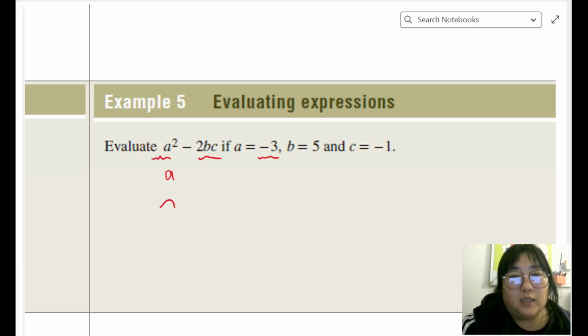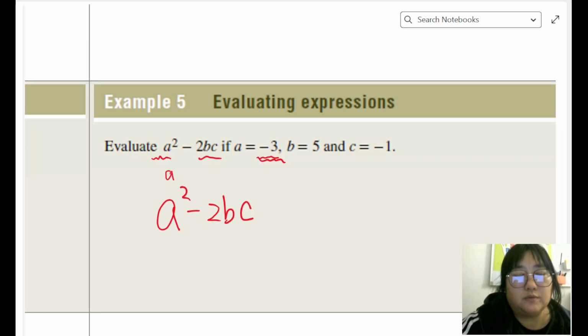So for a squared take 2bc, when a equals -3, I won't write down a, I will write down -3, and a has to be squared, so -3 has to be squared. And b is 5, so I will write down 5 here. And c is -1, so c is my -1.